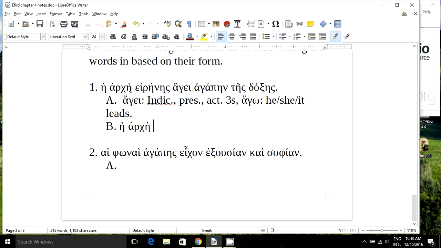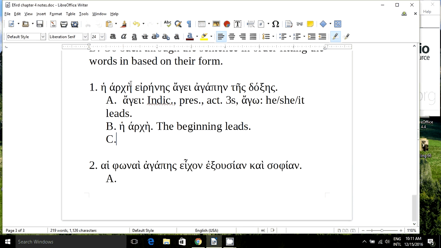So I write it down there. And now I add it to my translation. So the beginning leads. Now that's the skeleton of my sentence. Do I have an accusative to serve as the direct object? Well, yeah, when I went through these endings, I said I did. There's my accusative.